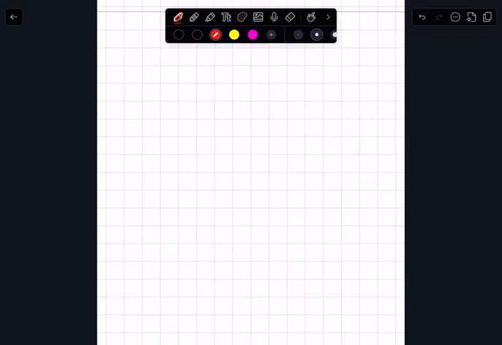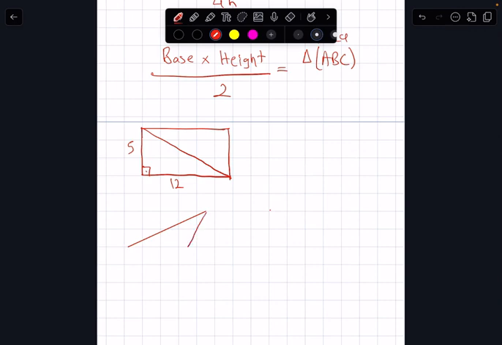But when students see something like this, they're having some difficulty, but it's the same thing. Let's say this is 15, and the height of this one is, let's say, 10. Okay? The height of it. Same thing, 10 times 15 divided by 2. Okay?